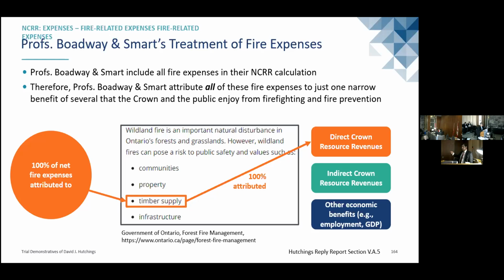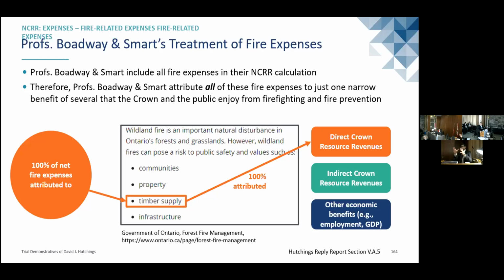I'm saying the implication of that is that none of the fire expenses are attributed to the other benefits, either indirect revenue benefits, other economic benefits, or some of the social benefits from protecting communities and property and infrastructure. Because if you were going to do a similar analysis we're doing here, say the next thing you asked me to do was, what are the net community benefits?